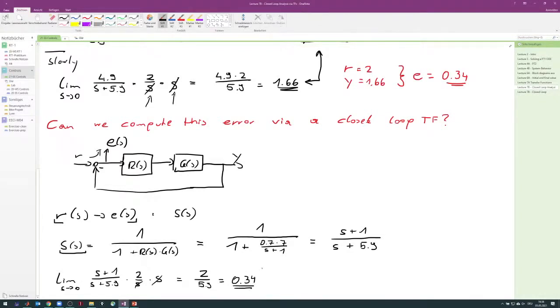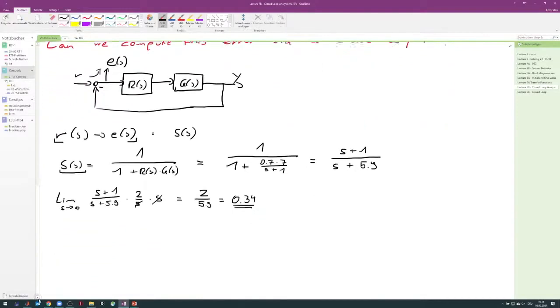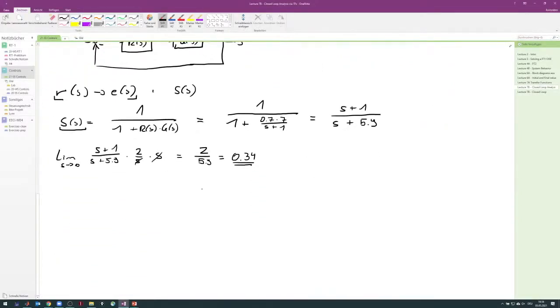So you don't need to take the detour to compute T of S. If you're only interested in the control error, you can directly compute it by the transfer function, right? Obviously, you could say here my static gain K0 is 1 over 5.9, and my input is 2, right? So you get to the same. Multiply K0 by 2, you're also again here. But this is again a shortcut, so probably forget that one.